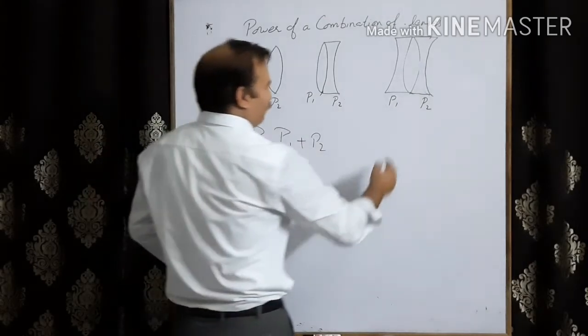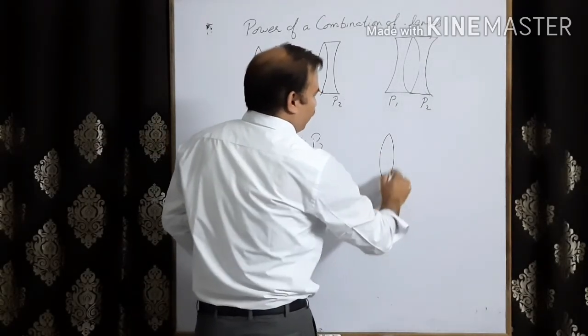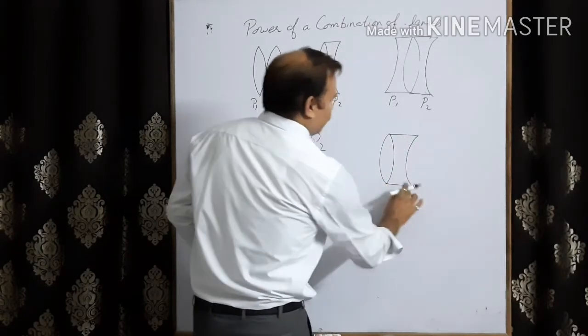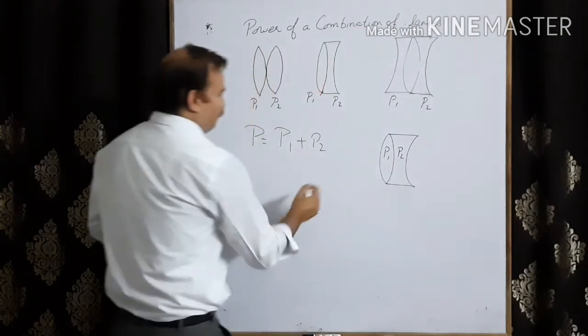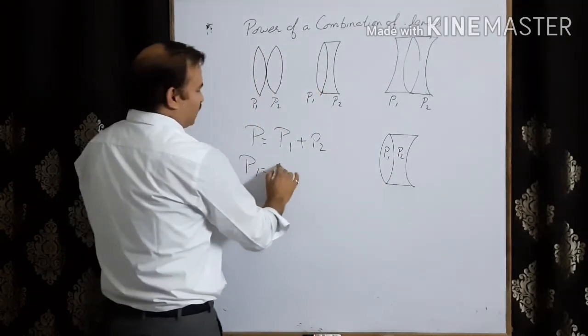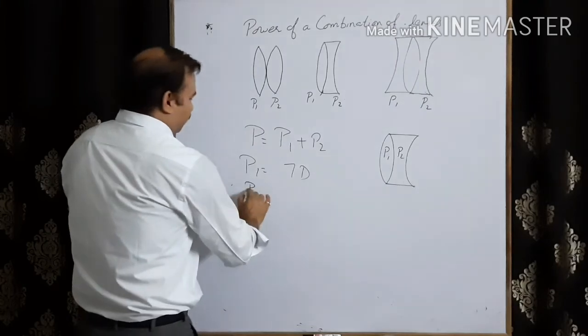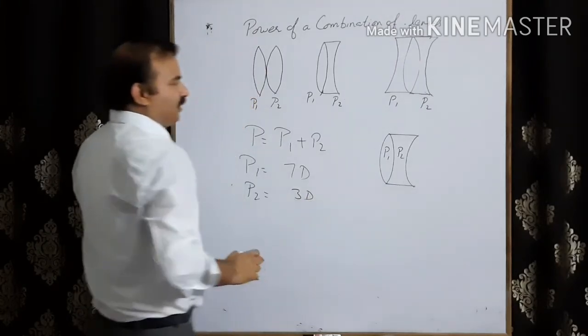One example I will give you. Suppose we take one convex lens and one concave lens, okay. This is the first, P1, and this is P2. Suppose P1 is given as 7 diopter and P2 is given as 3 diopter.